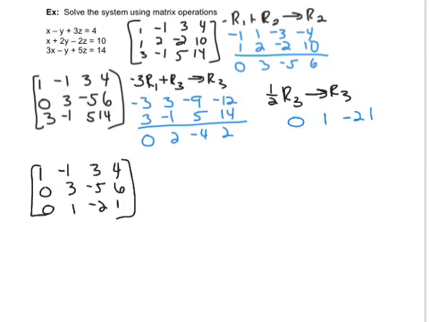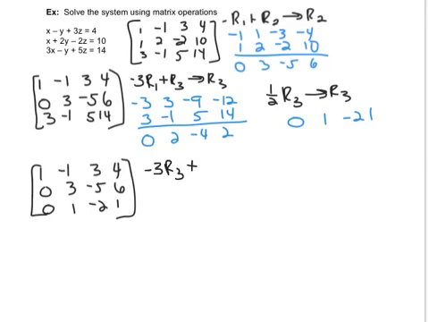In order to put this in triangular form, I have one more thing I have to do. I have to get rid of this term. The only row I can use is the row right above it because of the zeros here. If I use the first row, I'm going to start introducing a number back in here, and that's what we don't want. So, to get rid of the 1, I'm going to multiply the third row by -3.